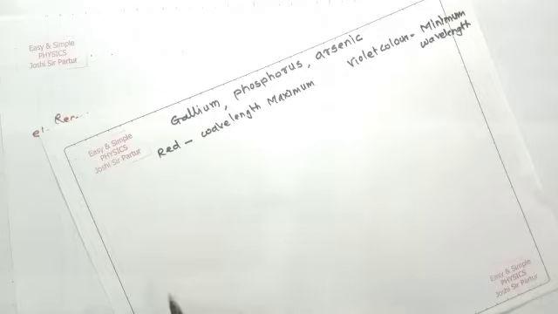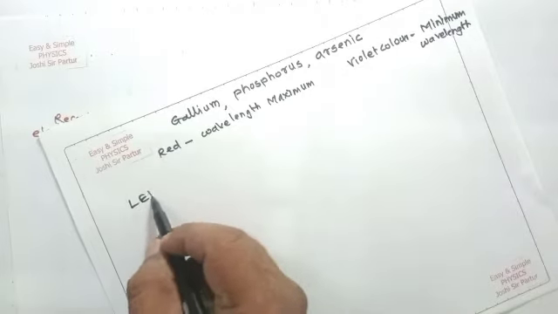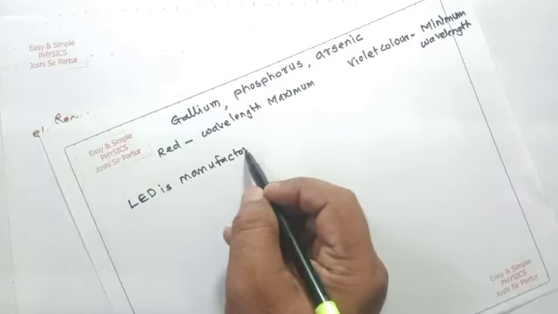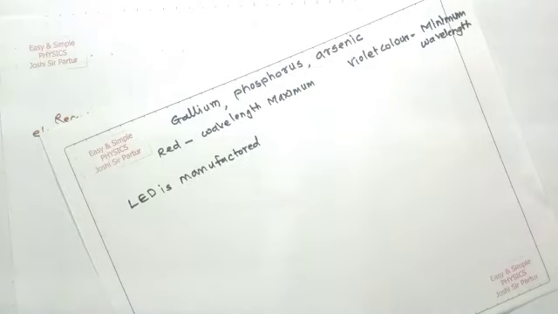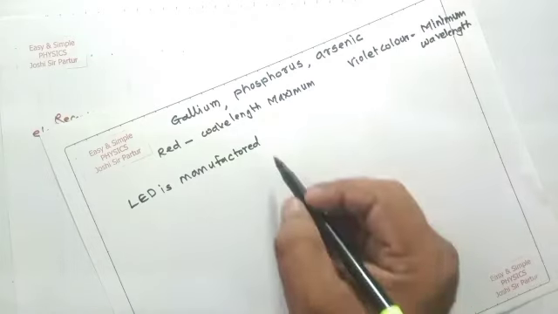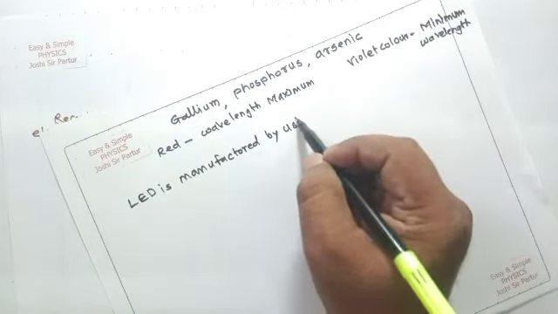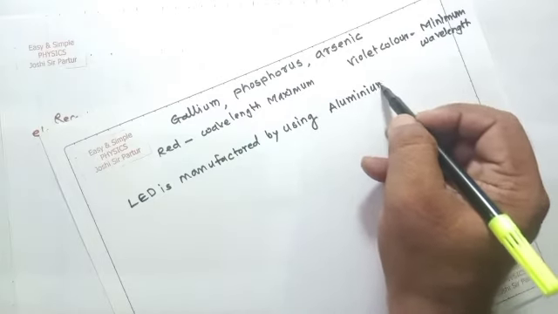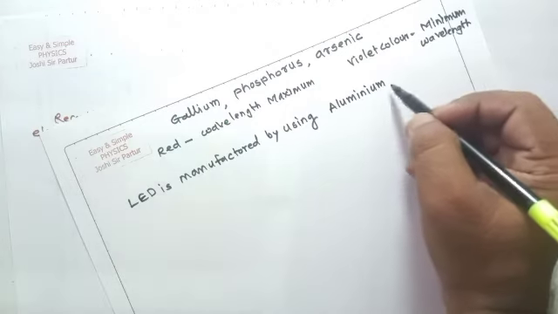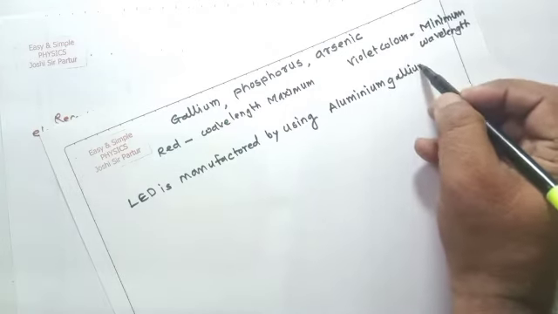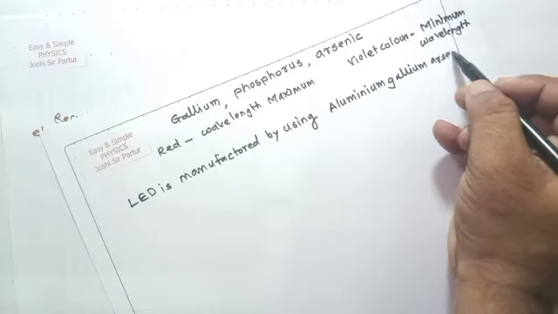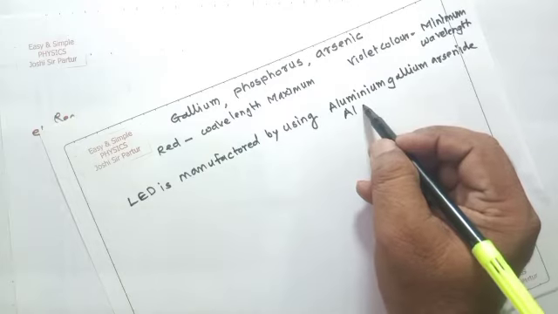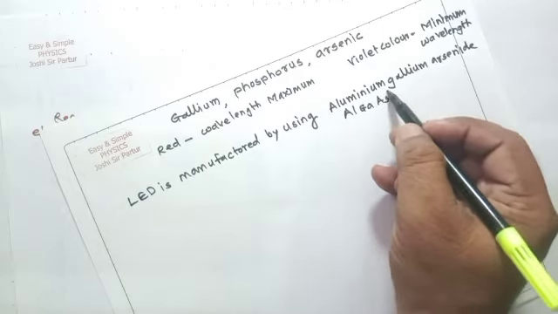First example: an LED manufactured using aluminum gallium arsenide, means AlGaAs.